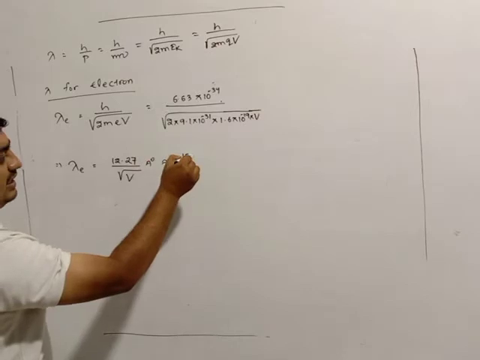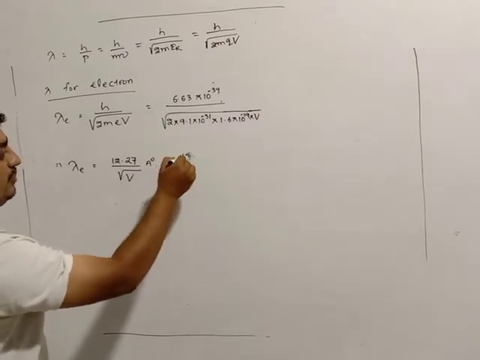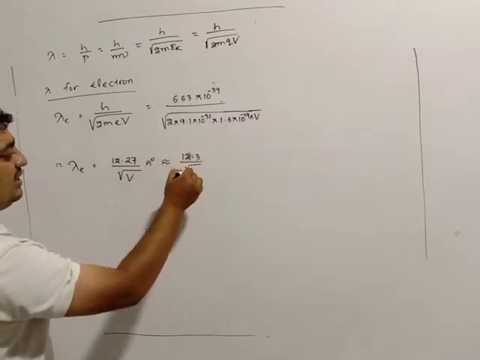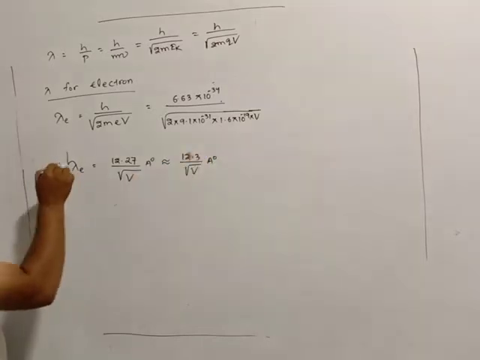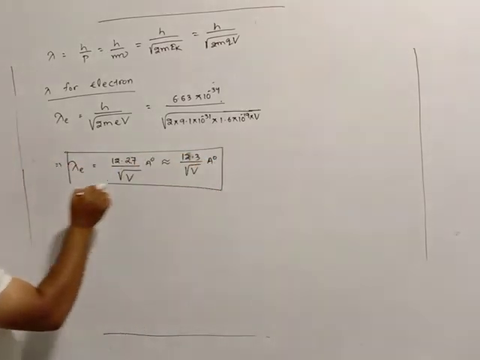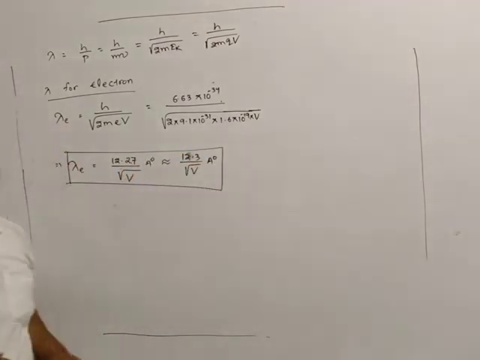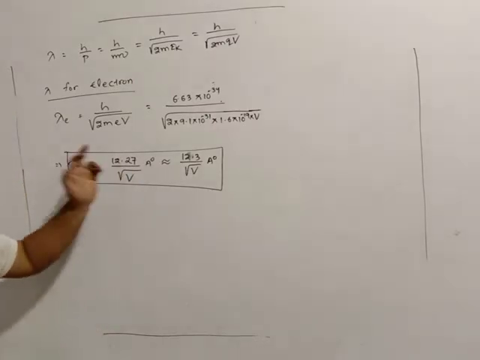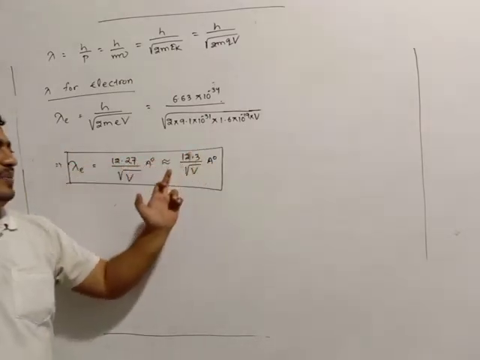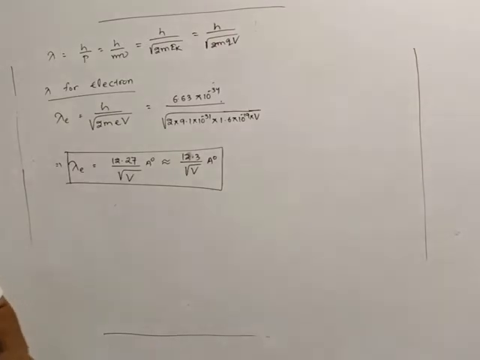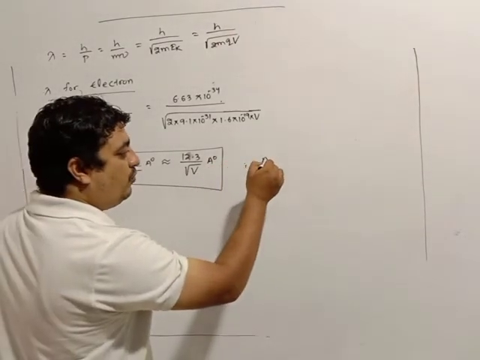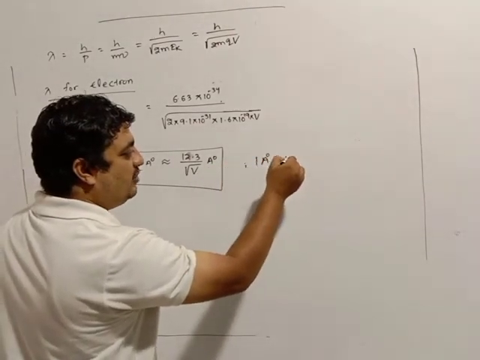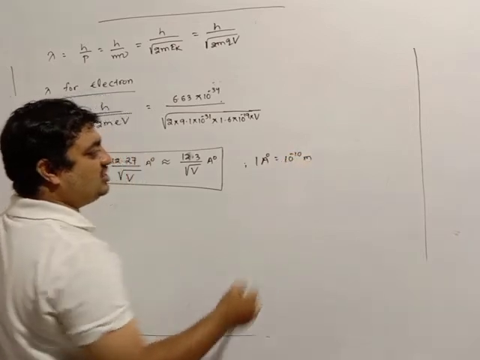It can be written as 12.3 by root V angstrom. If an electron is accelerated through a potential difference of V, its de Broglie wavelength will be 12.3 by root V angstrom. And 1 angstrom equal to 10 to the power minus 10 meter.